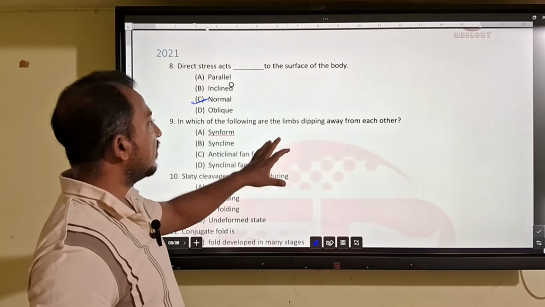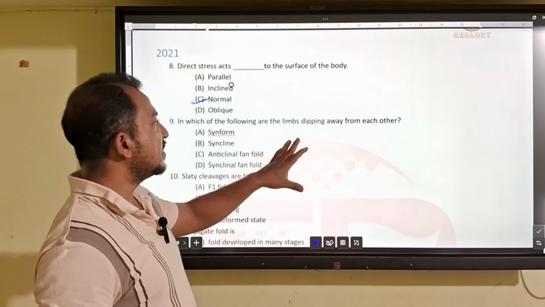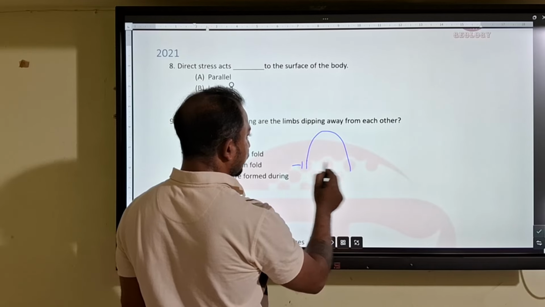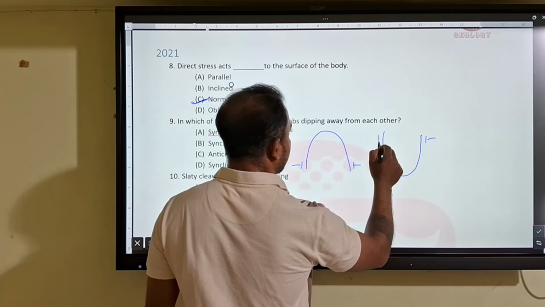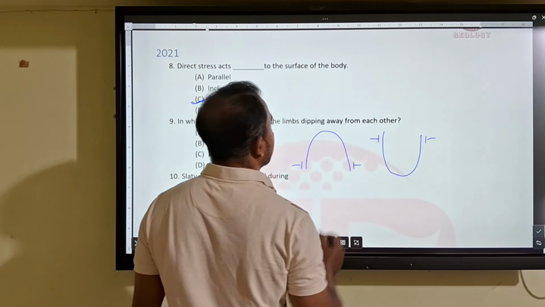In which of the following are the limbs dipping away from each other? You have two types of fold here on the basis of this condition. One is your antiform, another is synform. In case of antiform, the limbs dip away from each other. In case of synform, the limbs dip towards each other.